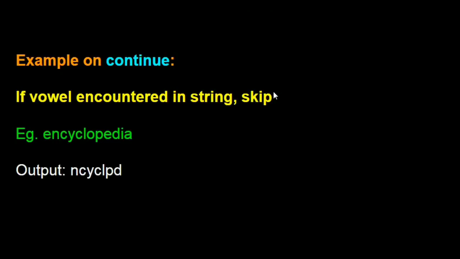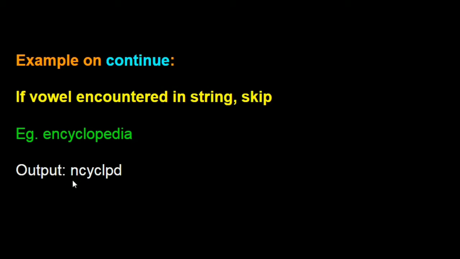Let's look at our question on continue. In any string given by the user, if there is a vowel in the string, then skip it. For example, in the word encyclopedia, I want to skip all the vowels present, so I don't want them to print.